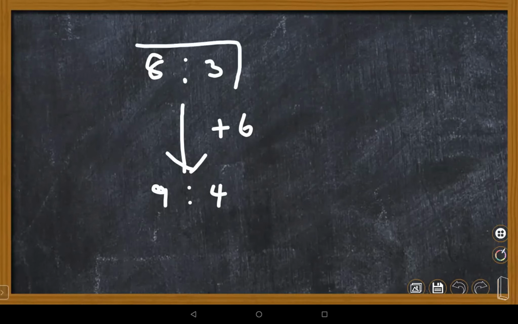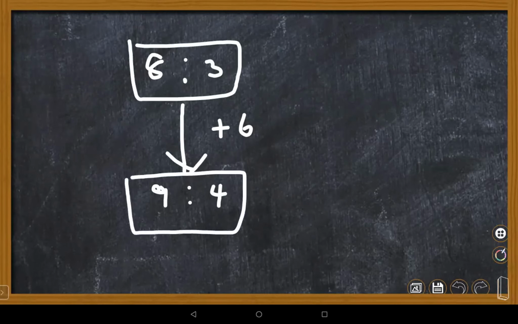Suppose the ratio of their present ages is 8:3. After 6 years, the ratio of their ages will be 9:4. You need to find their present ages. What should we do here? Can you just repeat the question because I'm writing it?